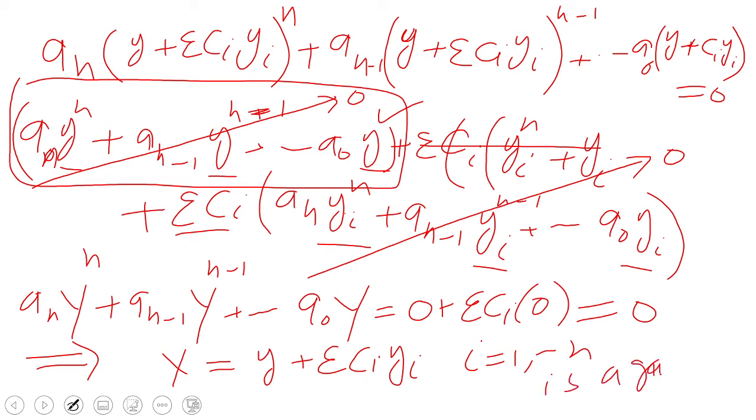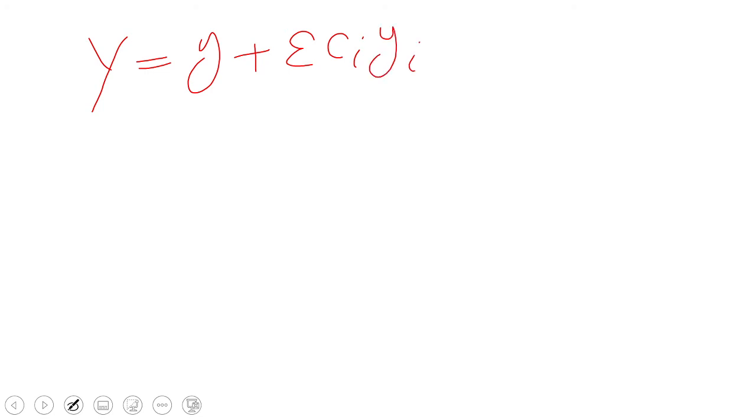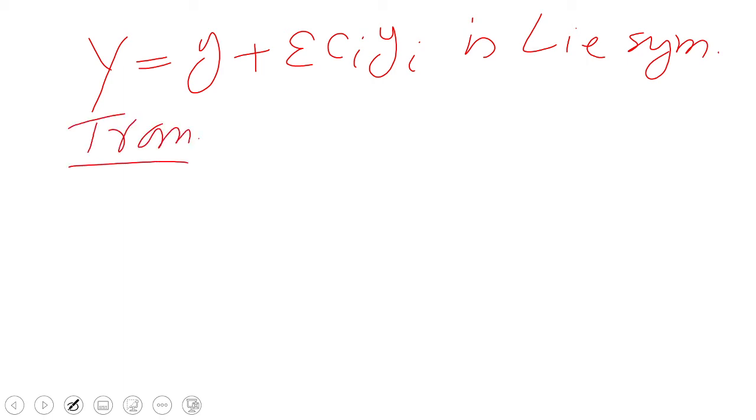So this transformation y plus epsilon ci yi is a Lie symmetry transformation, and we always define eta.